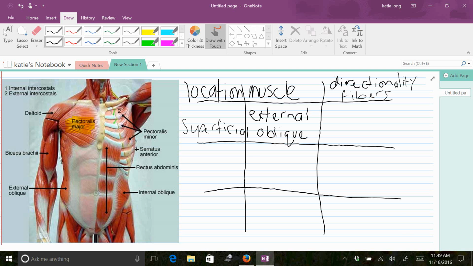The middle man there is going to be your internal oblique. And your deepest is going to be your transverse abdominis.